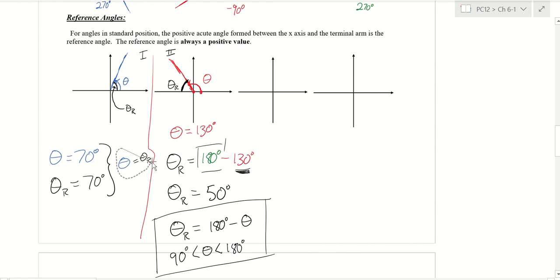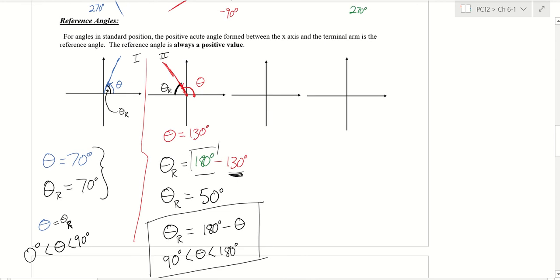So you could say for this particular rule, this is actually always going to be true for your angle in standard position being less than 90 degrees and greater than 0 degrees. Okay, so there we go. So this is always how you can find your reference angle. It's just simply going to be equal to your angle in standard position, so long as you are within this domain.